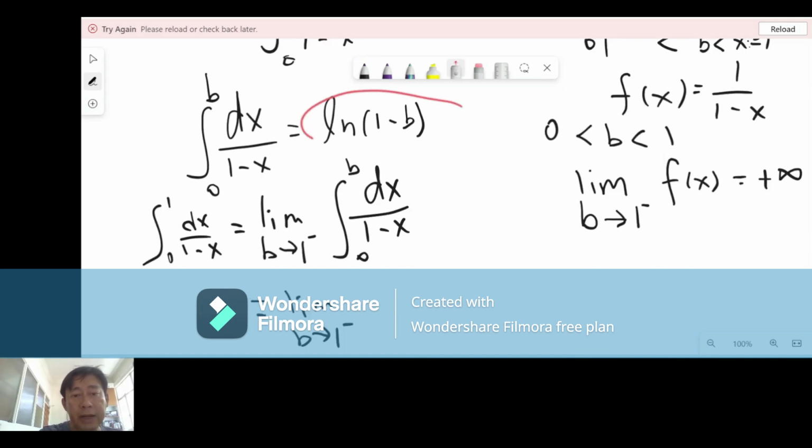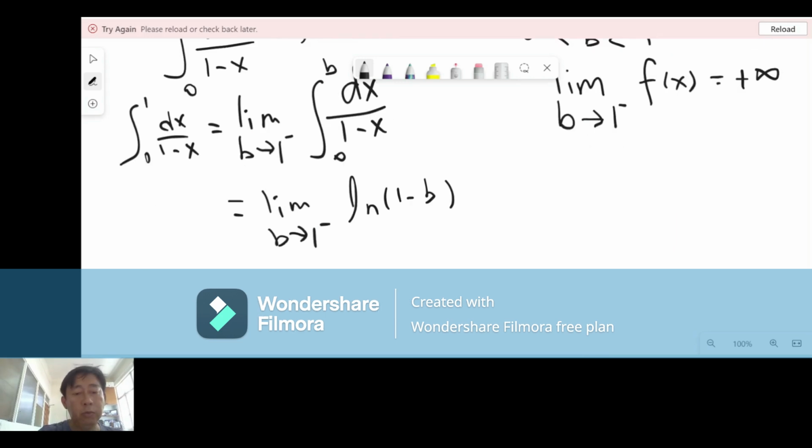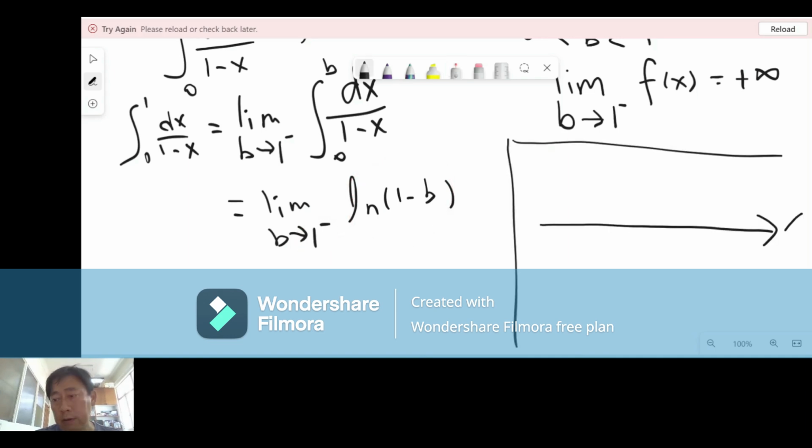In the previous line, we have already shown the expression of this proper integral is log of 1 minus b. Now, we need to evaluate the limit of log of 1 minus b when b tends towards 1 from the left. So let me represent the value of x equals 1 on the x-axis and the value of b, which is always less than 1.